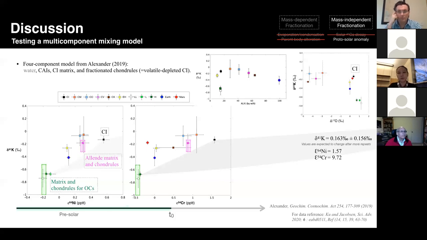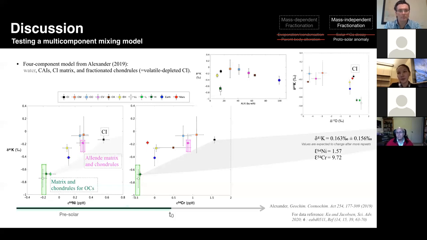But it would definitely be good to measure more CAI of different types. However, CAI is pretty hard to measure for potassium isotope because the potassium concentration is really low in CAI, and the calcium can cause some interference when we're measuring on the ICP.